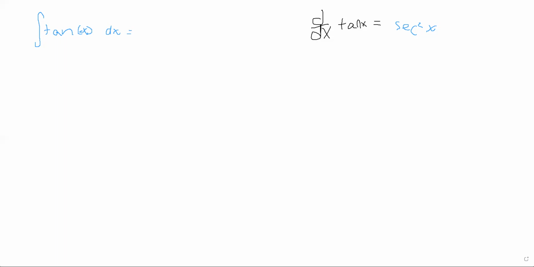We'd have to find a function that when you take the derivative of it, it's equal to tangent. Yeah, tan x. Exactly. So think about that for a few minutes.